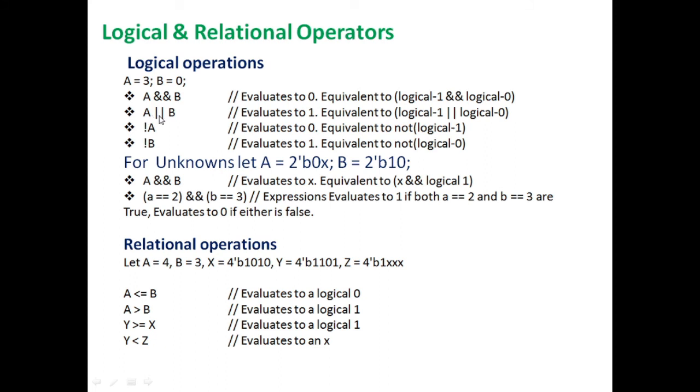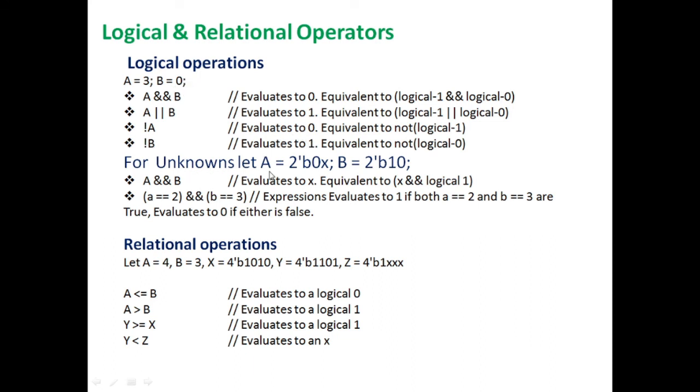And next is A logical OR B, which evaluates to logic 1. And A equal to 3 means it is a true condition. So negation of a true value is false, it evaluates to 0. And B equal to 0 means it is false, negation of false evaluates to logic 1.